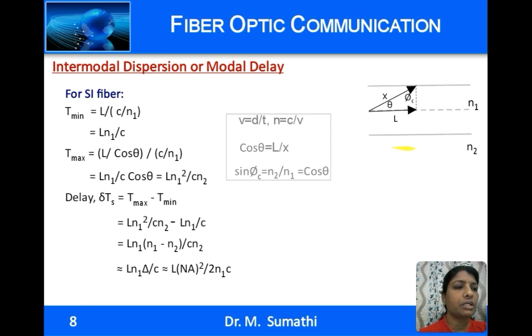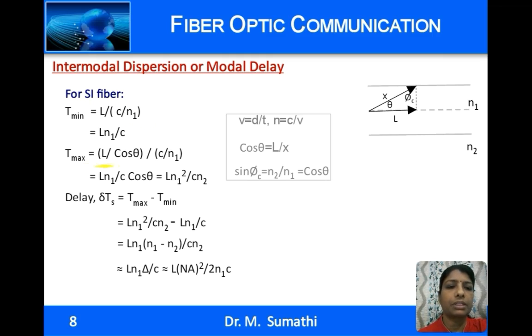Now looking into the figure, considering a distance of travel of L along the axis, T minimum, we know time is distance by velocity, so it is distance L by velocity. Velocity is, we know n is c by v, so substituting that we have L by c by n1.